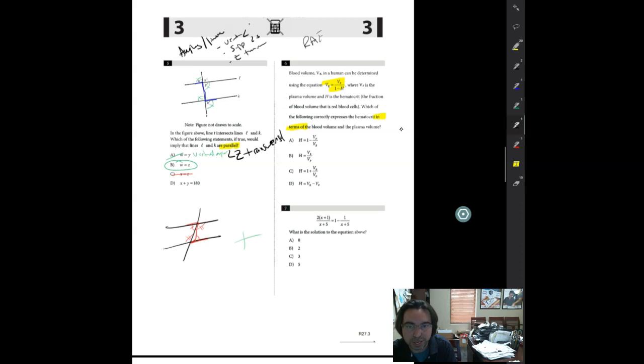All we're trying to do is take this original expression and rewrite it in terms of H. So let's copy down what we have up here: VB equals VP over 1 minus H. And we want to solve for H. One thing I can do is treat the whole bottom as one thing and multiply by 1 minus H, and I'll do that to the other side too. That would be 1 minus H.